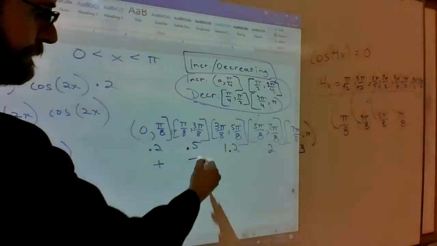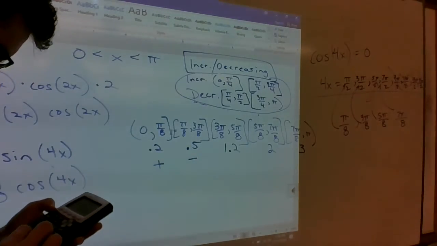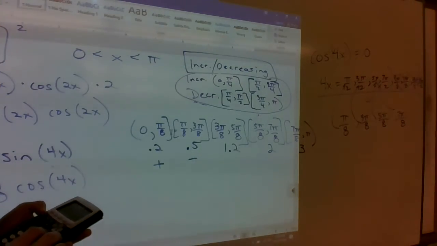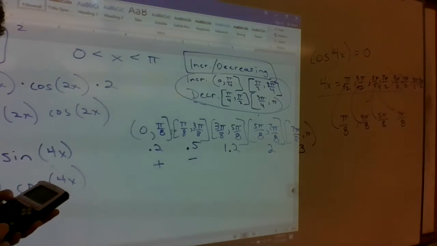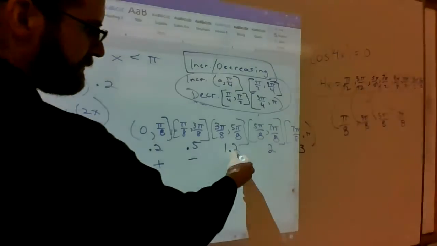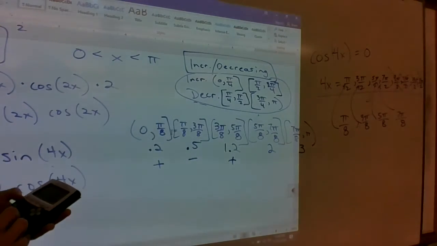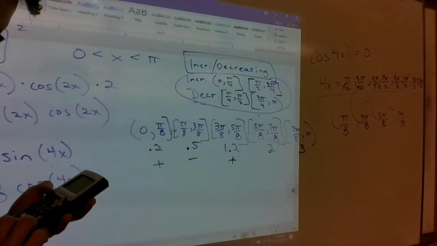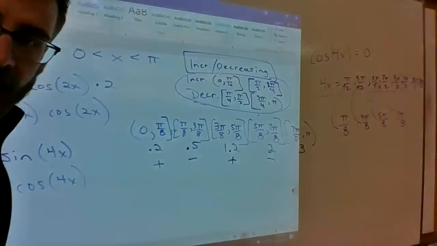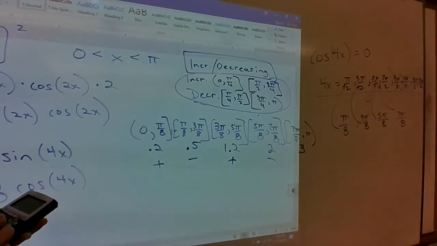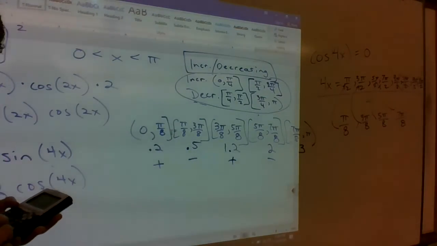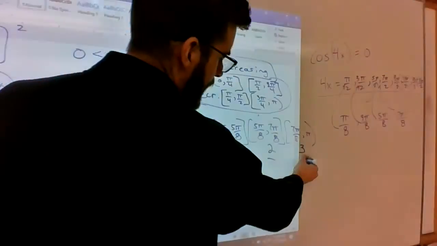That's negative. Concave down. 8 times the cosine of 4 times 1.2. Positive. Concave up. 8 times the cosine of 4 times 2. Negative. Concave down. So as you can see, guys, there should be a pretty solid pattern here.